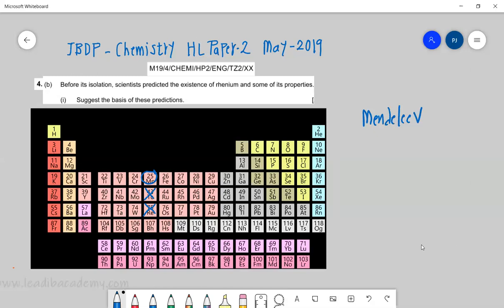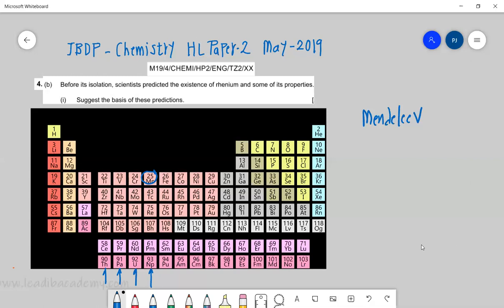As per the periodic table concept, this table has been constructed with the fundamental concept that in a group, the physical as well as the chemical properties are more or less the same, or there is some trend.